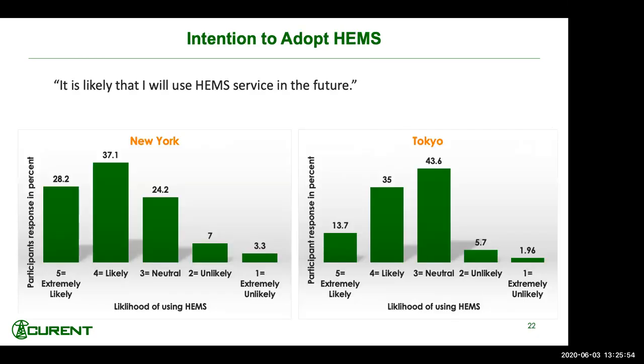So we found Tokyo and New York differences. For the majority of people, when we ask how likely they are to use a home energy management system, a smart home management system, in the future, most people say, yeah, it's a good thing, I would likely do that. However, when we ask, are you willing to pay for the services?